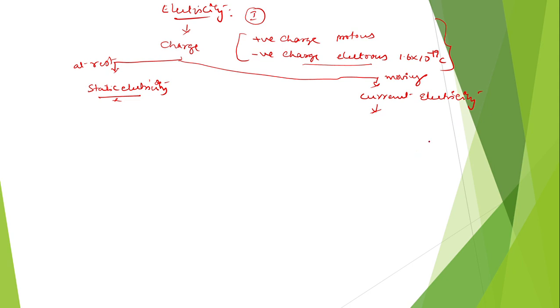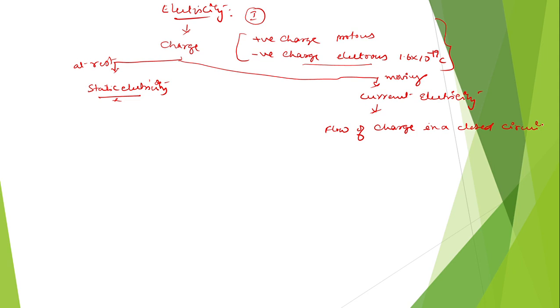So what is current electricity? Flow of charge in a closed circuit.